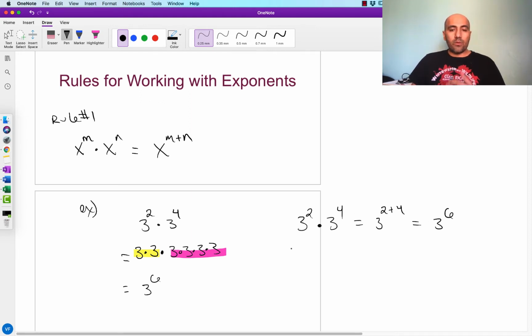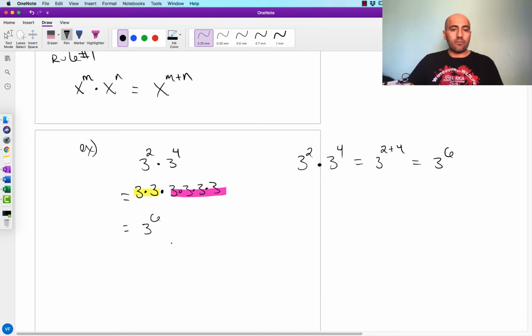But when we run into something a little bit more complicated, you just have to rely on this working out, right? So if we were only dealing with variables, for example a to the power of 4 times a to the power of 3, well, we know this must be equal to a to the power of 4 plus 3, which then equals a to the power of 7.